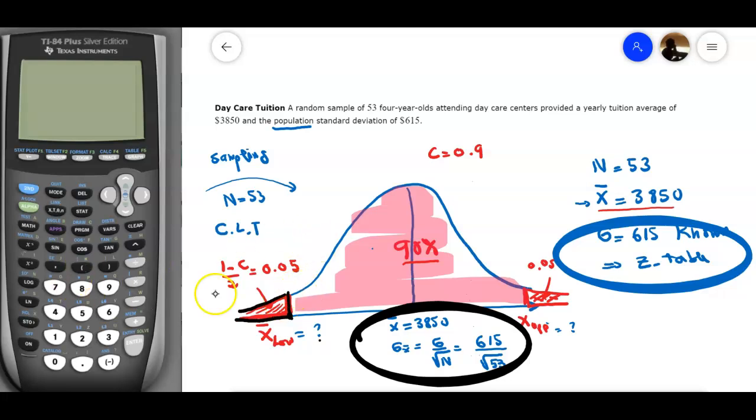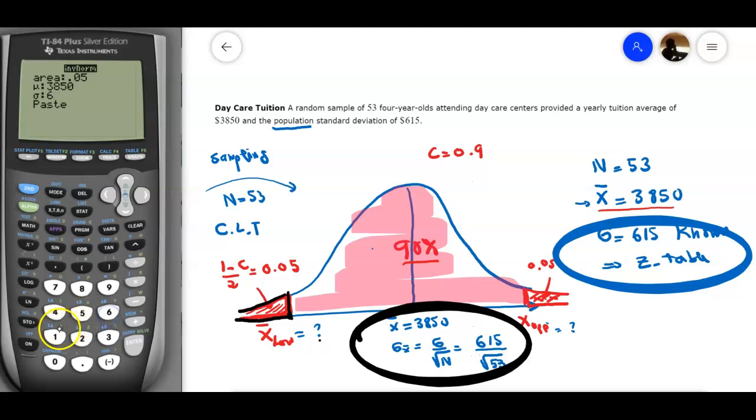For the calculator, I'm going to go to second and vars in order to enter the distributions. And I am using the inverse normal. With inverse normal, you are putting the area and getting the value back. So enter. The area that I'm going to use is 0.05. The mean, remember, is 3850, and the standard deviation is going to be 615 divided by radical 53.